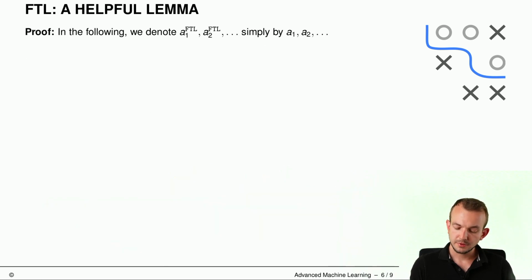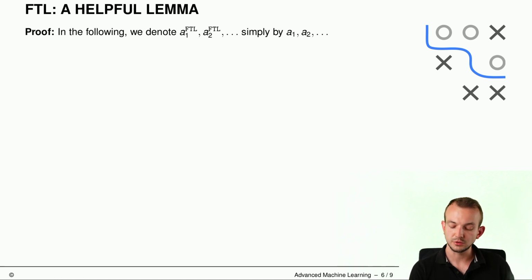All right, let's see how we can prove this. It's rather simple, and we make our life easier by forgetting that we have here this superscript, to denote that this sequence of actions is generated by the follow the leader algorithm.